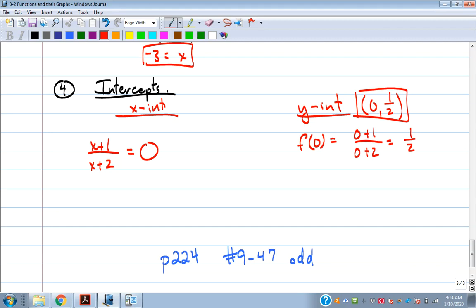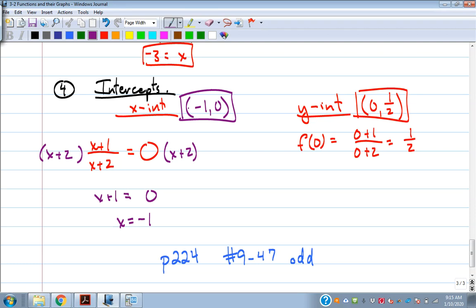So how do we solve that? Cross multiply or multiply by x plus 2. So that's going to be x plus 1 equals 0. Negative 1. And that's the only one we have.